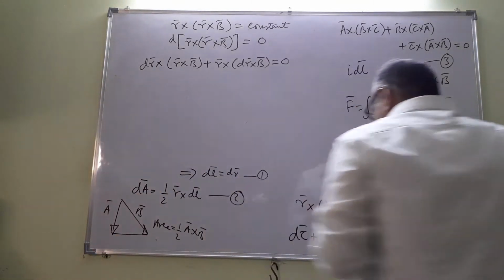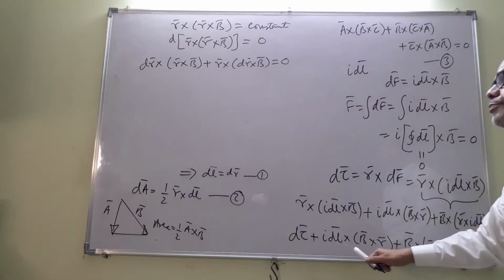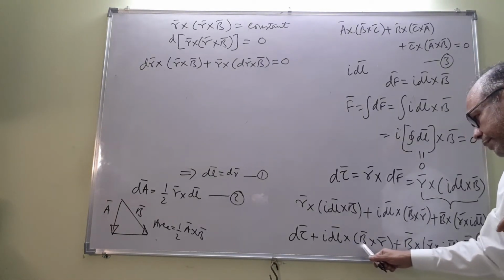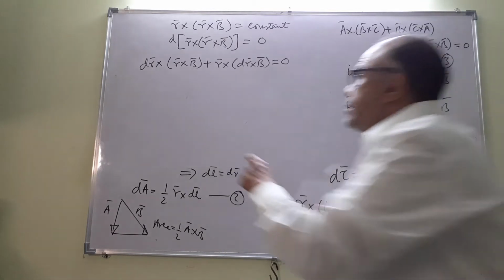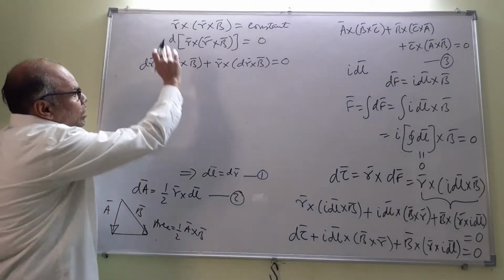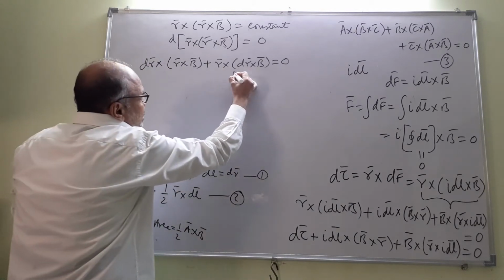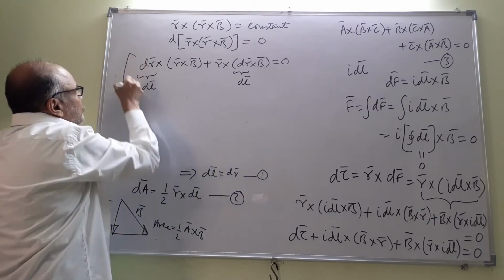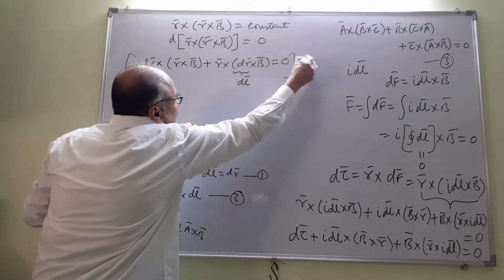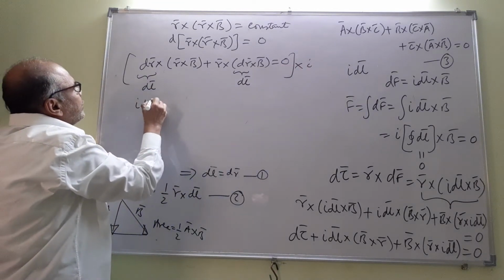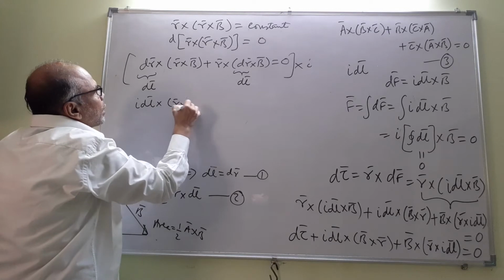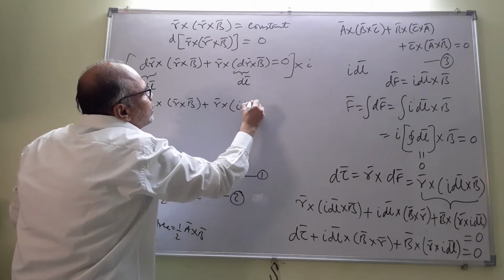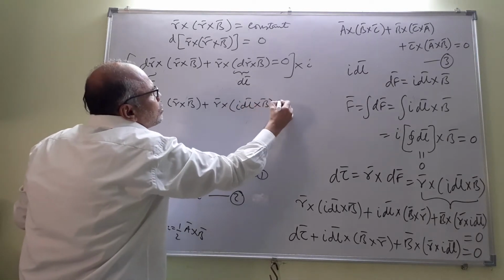Now look at this term. You have I dL cross B cross R. We can get that here. I can multiply throughout by I and replace dR by dL. We already saw that. So I will have I dL cross R cross B plus R cross I dL cross B equal to 0.